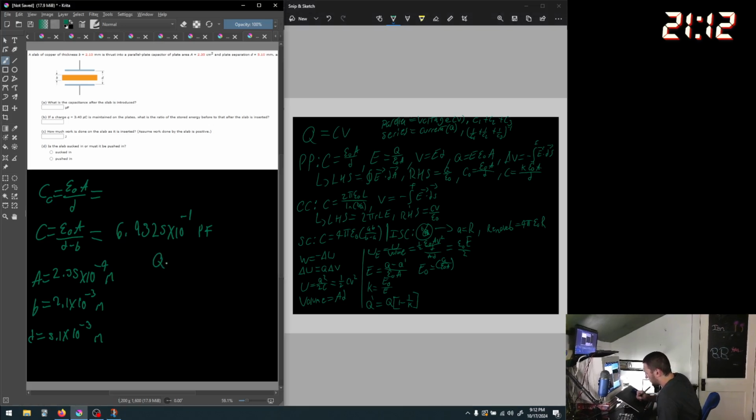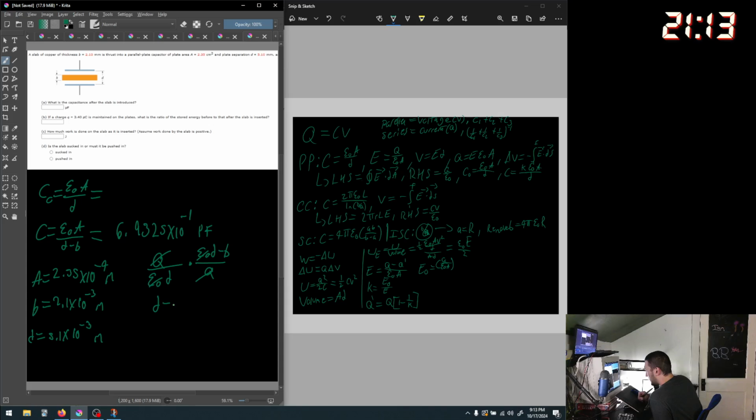So this is going to be Q over, let's see, before and after. So before, it's going to be epsilon 0 D divided by Q epsilon 0 D minus B. Now if we flip the epsilon 0 D minus B, it's going to be Q. What we're going to find is Q's cancel, epsilon 0's cancel.